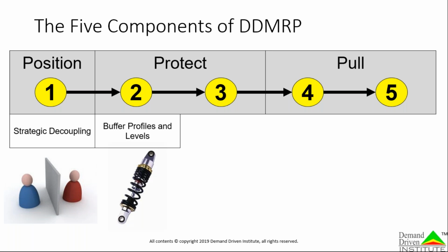Then, when we find those points, we have to protect those points. We have to build a sufficient level of protection to allow that decoupling effect to be maintained. Now we know that initial level of protection is going to change. It has to, right? Because we live in the VUCA world.